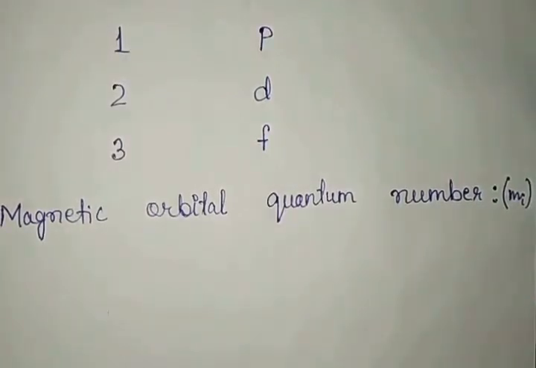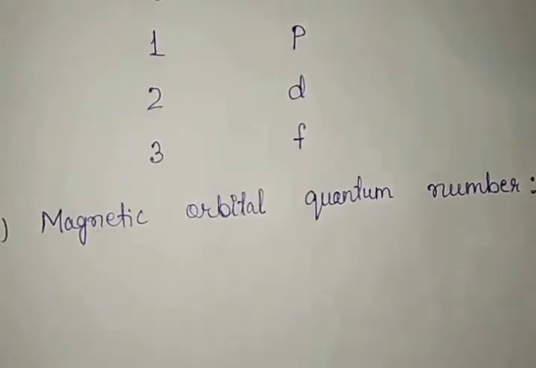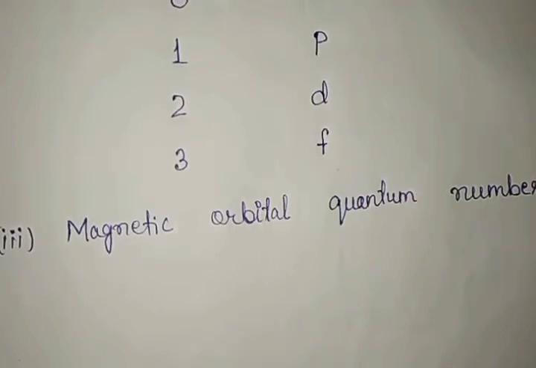It gives us the information about the spatial orientation. Means what is the orientation of the orbitals or the subshells with respect to their coordinate axis, that we will be knowing when I will be telling you about the shapes of these orbitals.